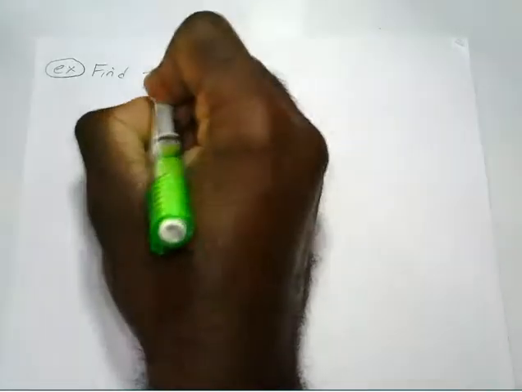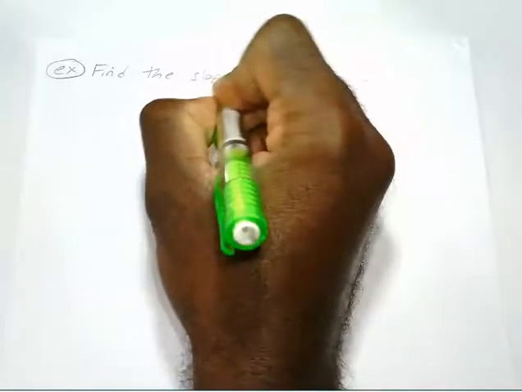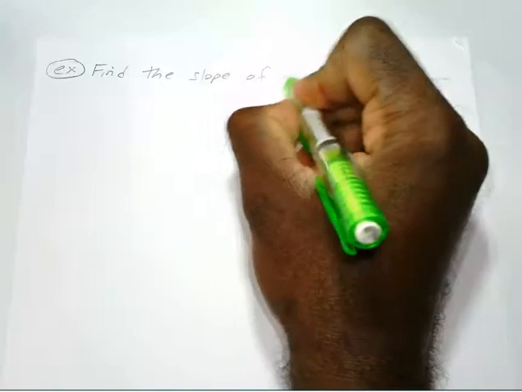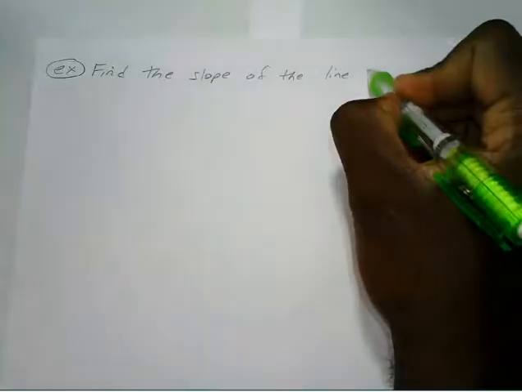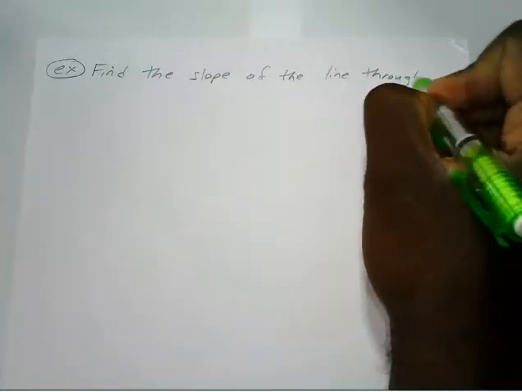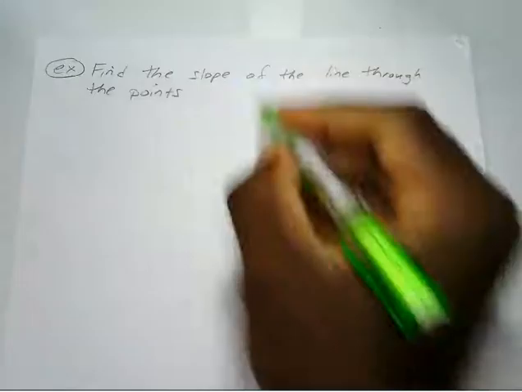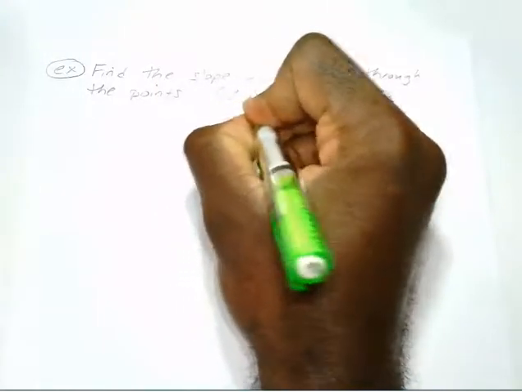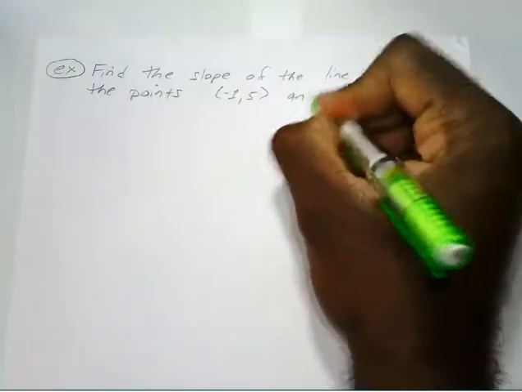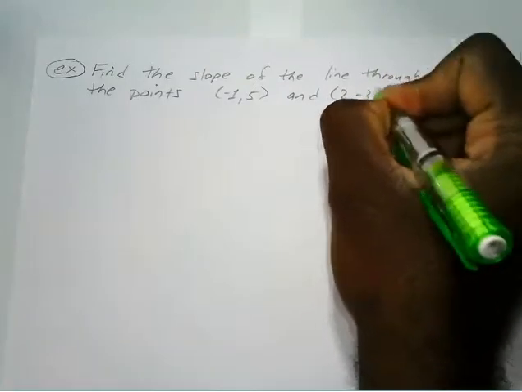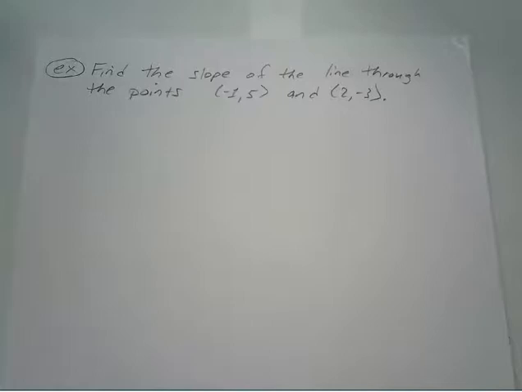Let's say we wanted to find the slope of the line through the points (-1, 5) and (2, -3). They gave you two points and they want you to find the slope between those two points.